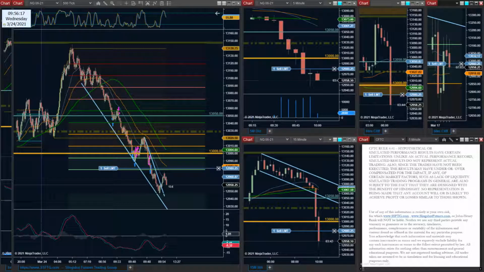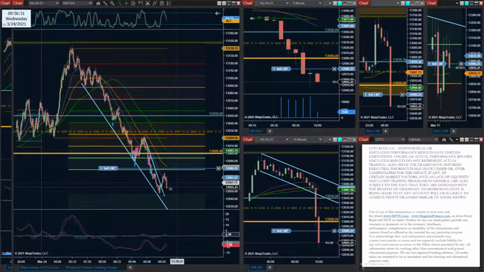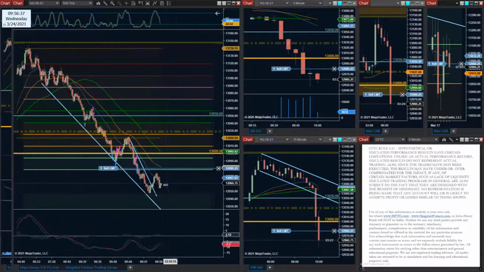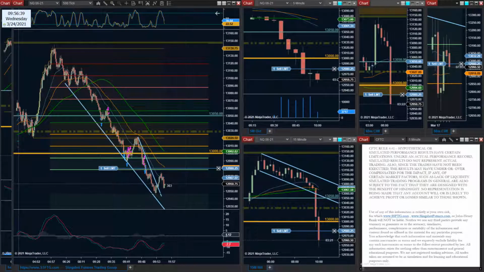See if sellers can get a bit more continuation to the downside, although I really would like to see them get back up into those 80 quarters. That's a really heavy bear bar. Come on, NASDAQ.